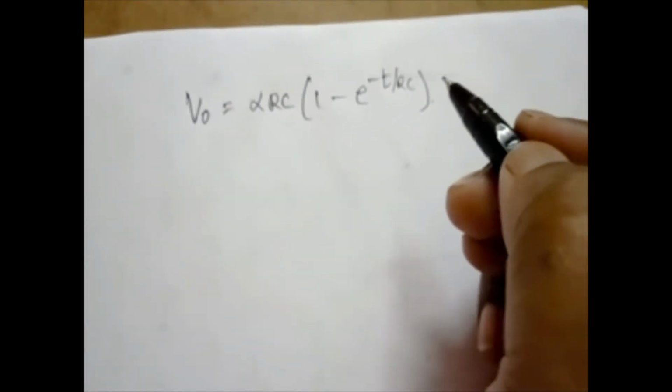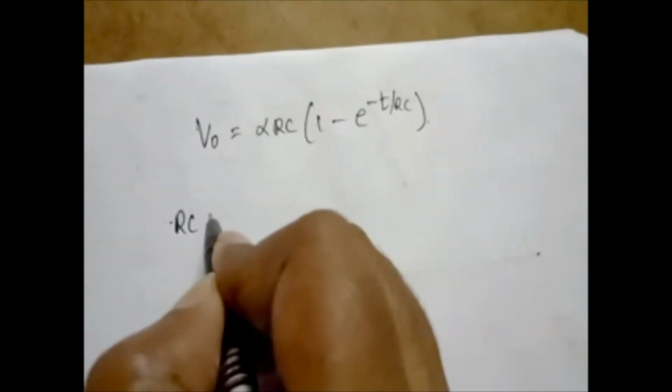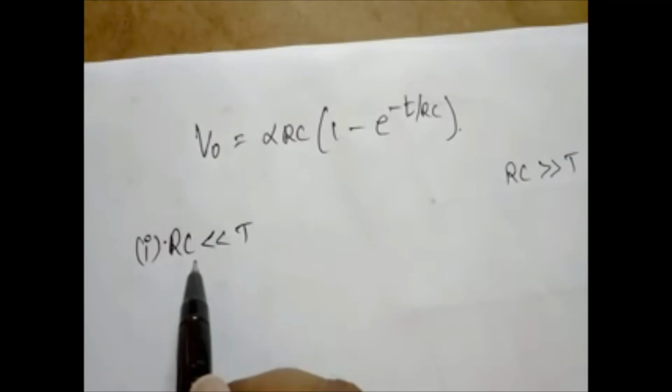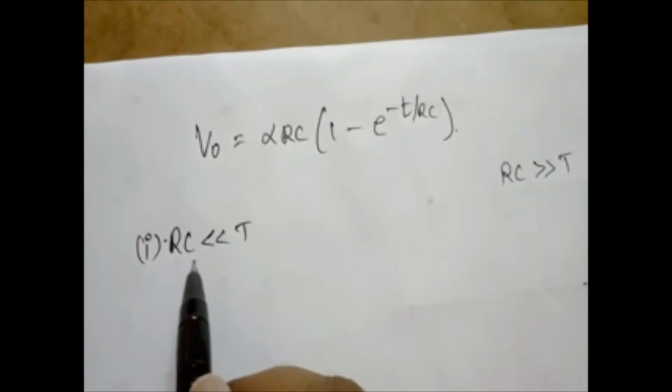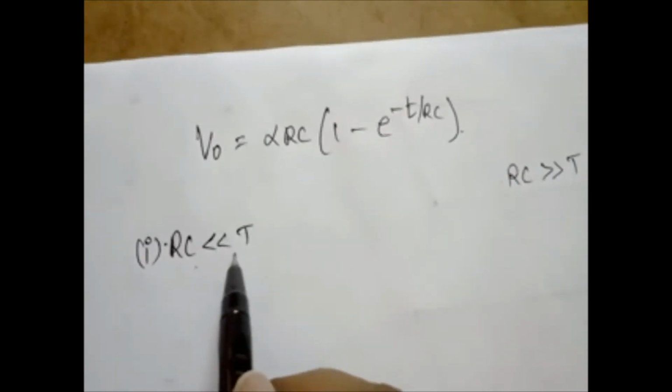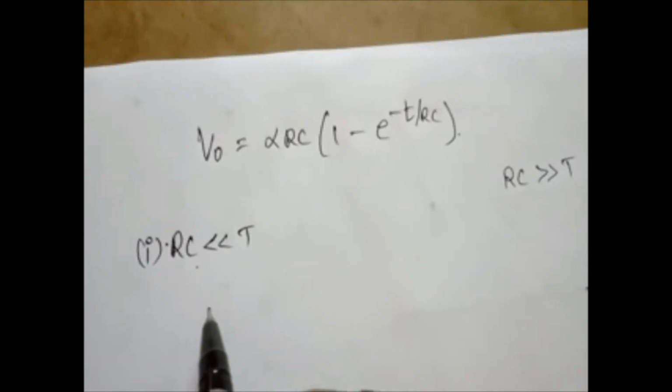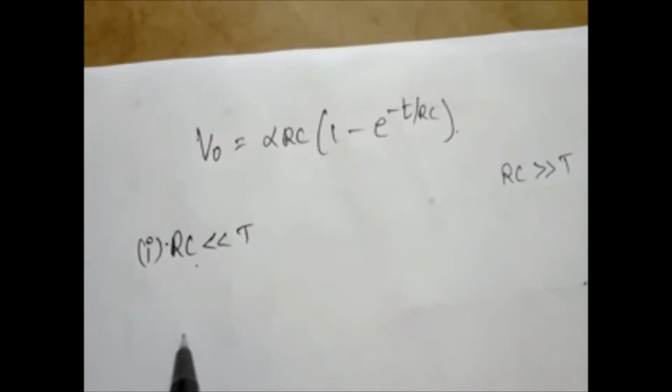Now I am taking two conditions: one is RC value less than T, and the other is RC value greater than T. Let us start with the first condition. If the time constant of the RC circuit is much less than the time period of the input signal, then what will happen?